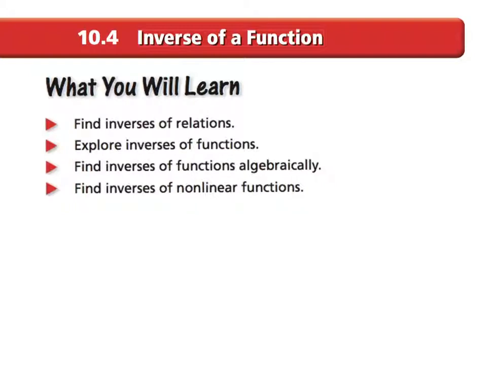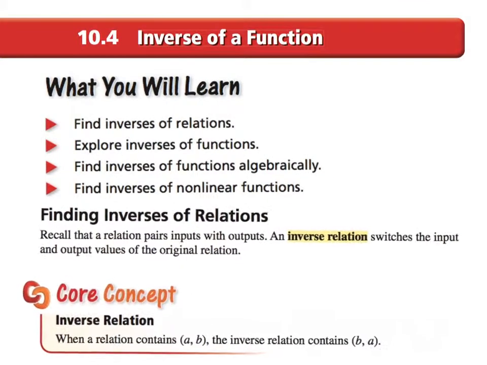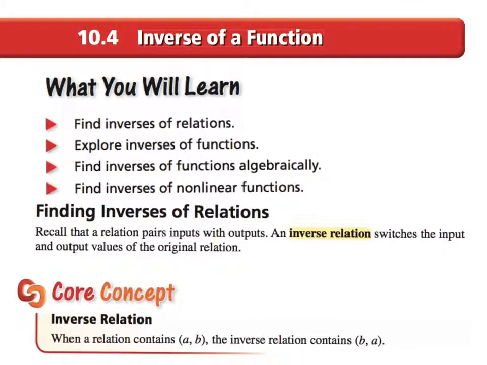So let's start with our key idea. Recall that a relation pairs inputs with outputs. Now, a relation is like when you pair an input, which is your x value, and your output, which is your y value.